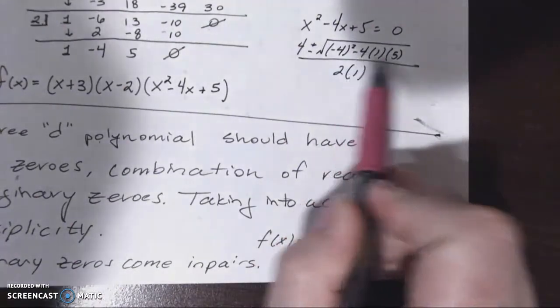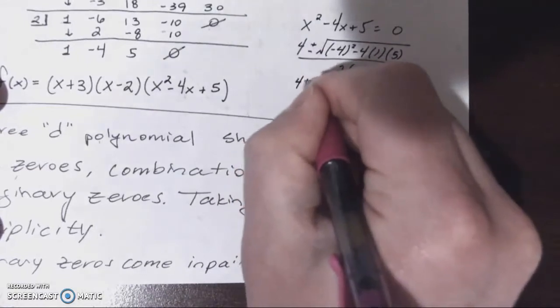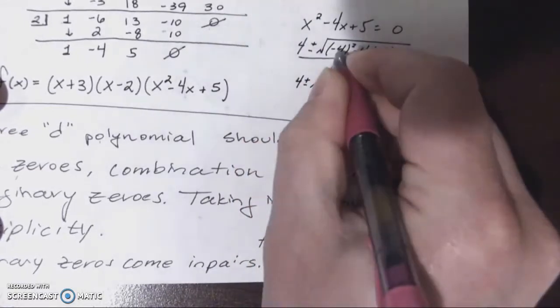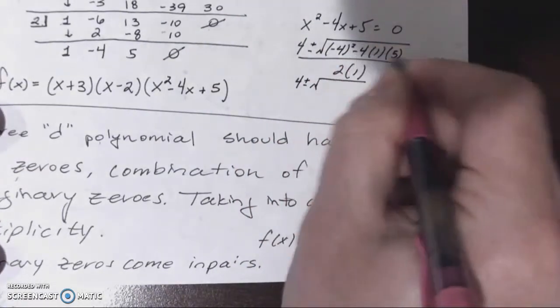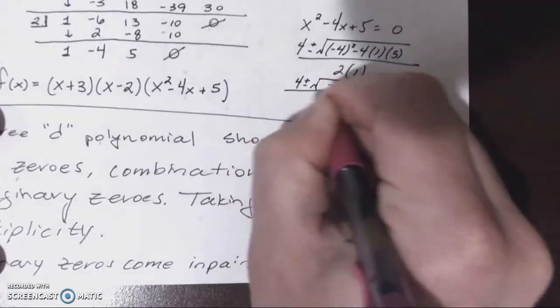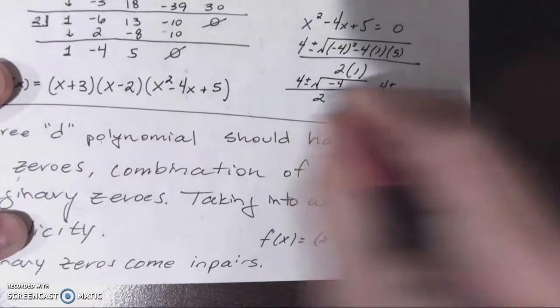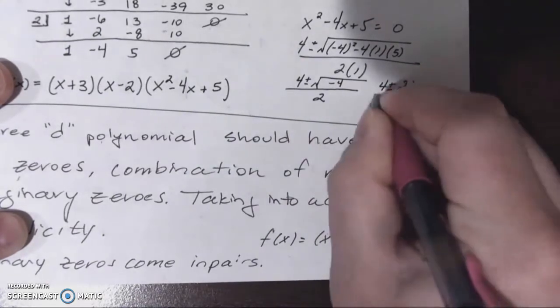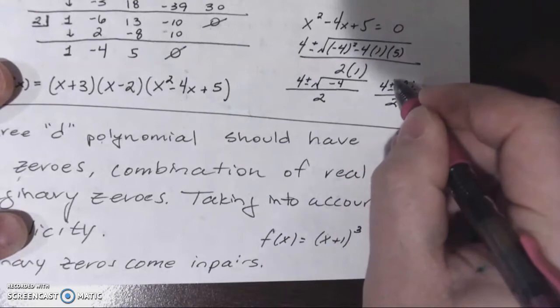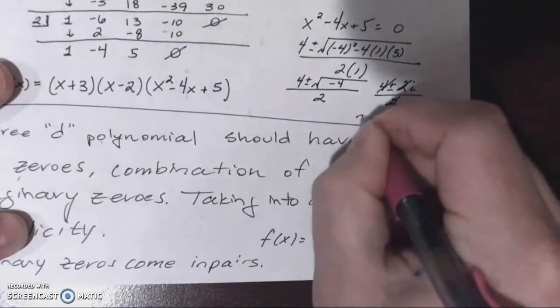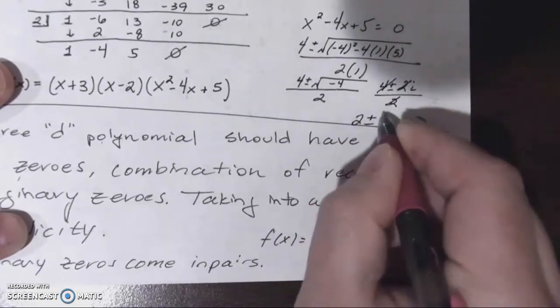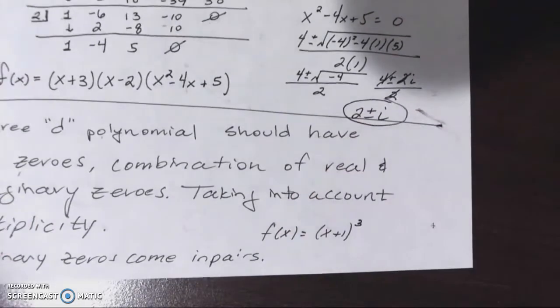What's going to happen under the root is going to give me a negative. 4 plus or minus the square root. Negative 4 squared is 16. Minus 20 gives me a negative 4 all over 2. The square root of negative 4 is 2i all over 2. I simplify each one of these, and my final answer, 2 plus or minus i. Those are the 2 imaginary zeros: 2 plus i and 2 minus i.